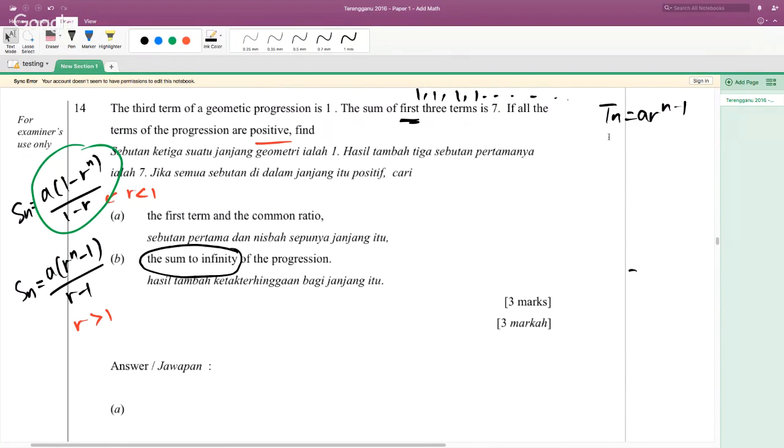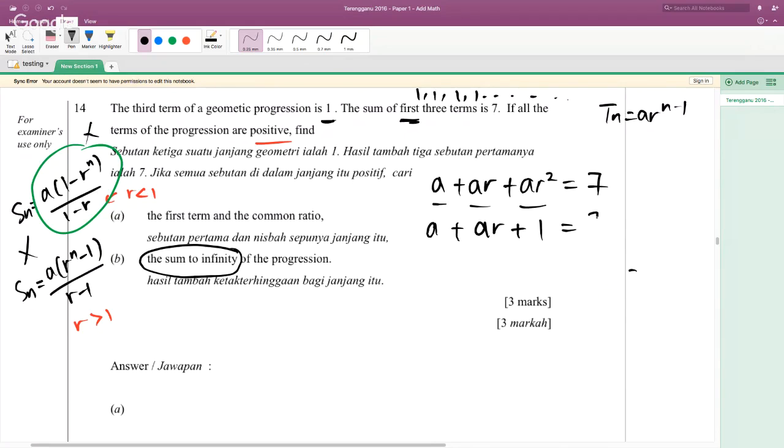Since this is the sum of the first three terms, I will try not to use the formula because there's no way I know R. So what I'm trying to do is, the first term is A, the second term should be AR, the third term should be AR squared. Then this is the sum of the first term, second term, and third term. Then I will get 7. I'm trying to do it like this. So see what it is. So this is A plus AR, and I have my third term. My third term will be 1 plus 1 equals 7.